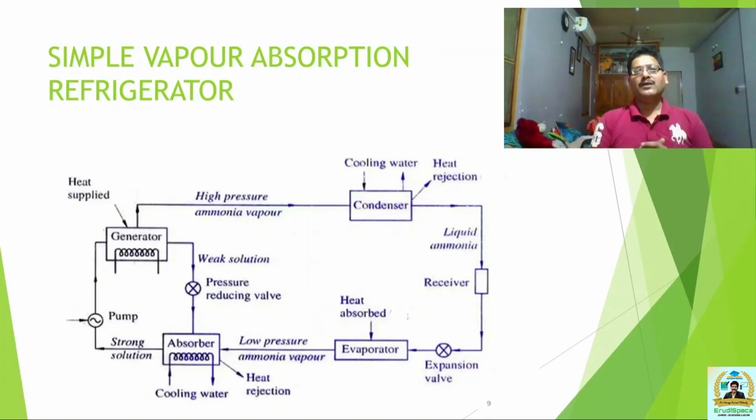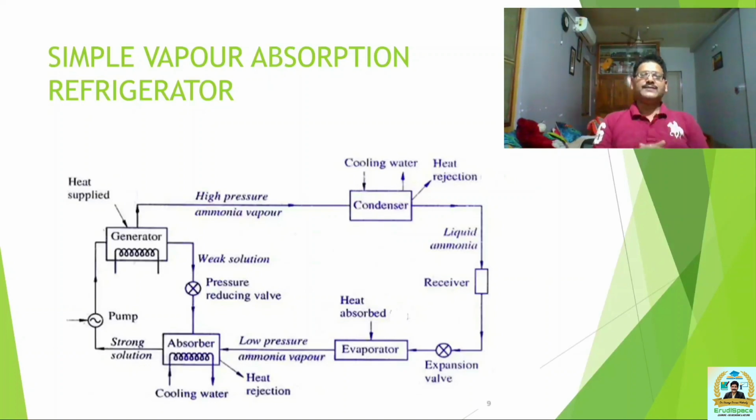We need to remember that unlike the Vapour Compression Refrigeration System, the Vapour Absorption Refrigeration System uses two fluids. One is called your refrigerant and the second one is called your absorbent. The most commonly used Vapour Absorption Refrigeration System uses ammonia as a refrigerant and water as an absorbent.